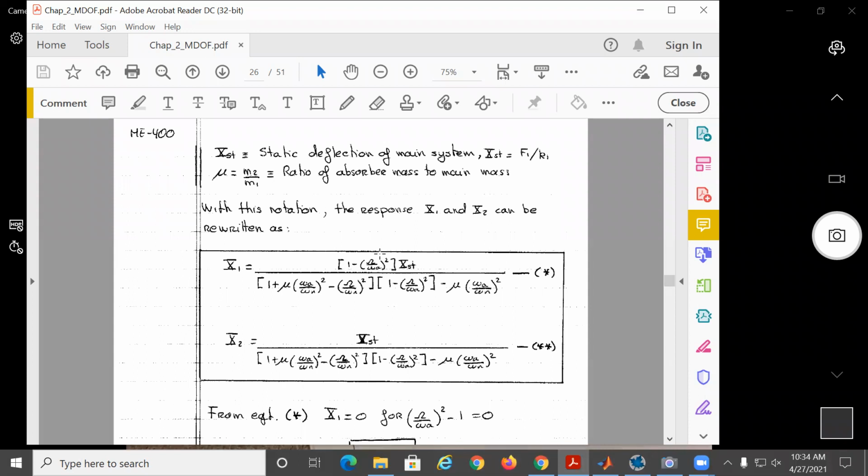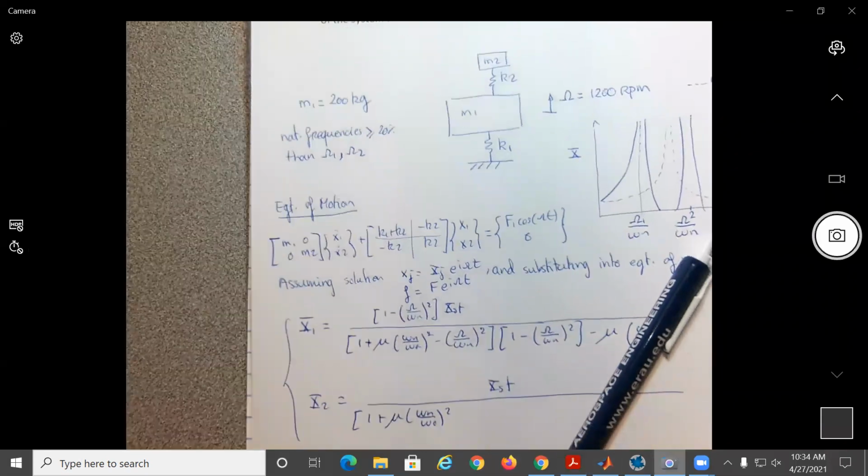X2 is x static divided by the same thing, basically, 1 plus mu. Where I can go to the pages, I'm going to recopy what I just wrote.